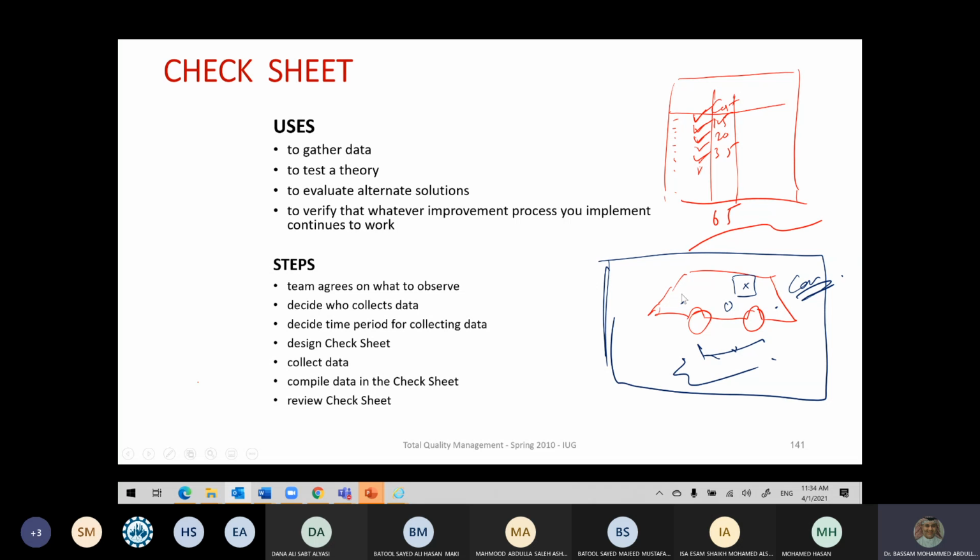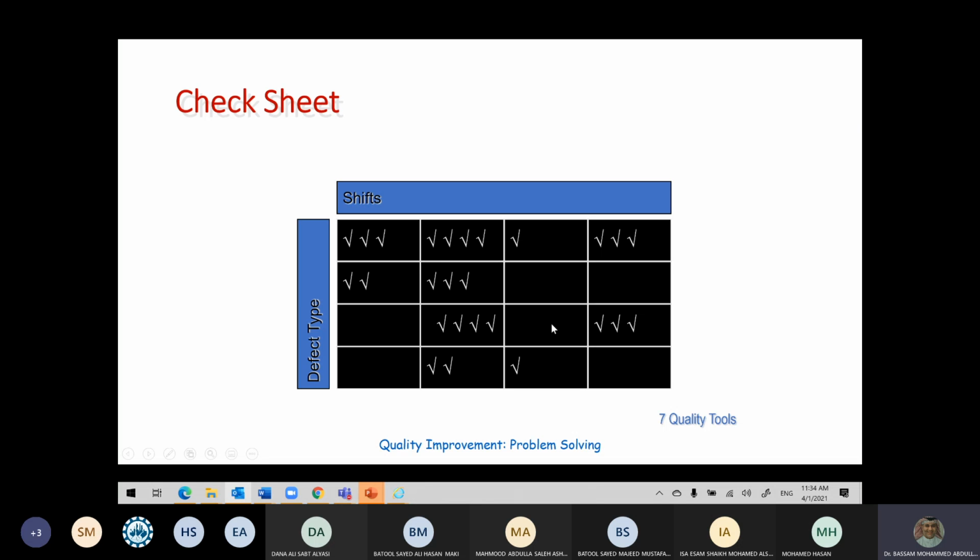What I just wanted to mention is that check sheets do help. I took you to another example that has nothing to do with check sheets, just to show you that it is important for a check sheet to put marks, and it helps organize things.